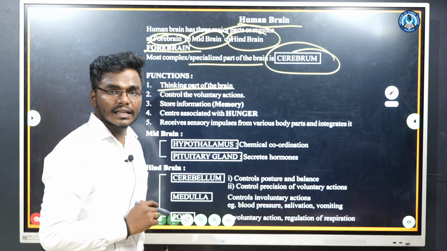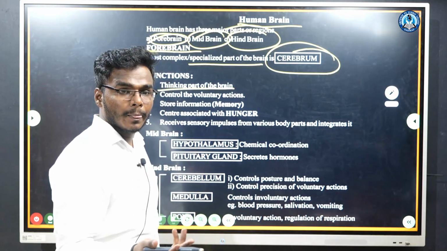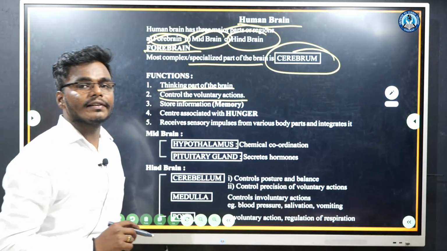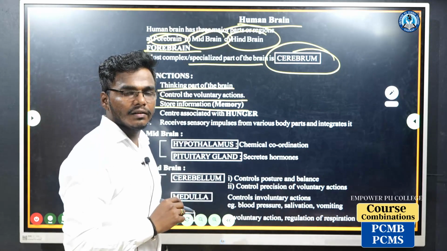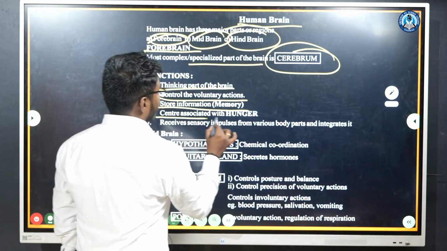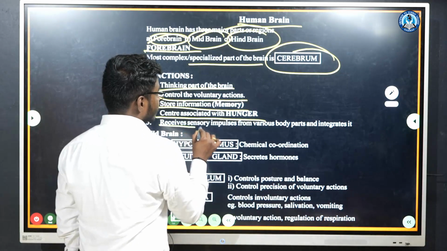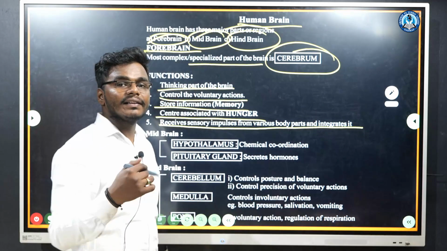The cerebrum is considered the thinking part of the brain, from which you can think, control the voluntary actions, store information, that is the memory, and it is the center associated with hunger. Next, it receives sensory impulses from various parts of the body and integrates them.